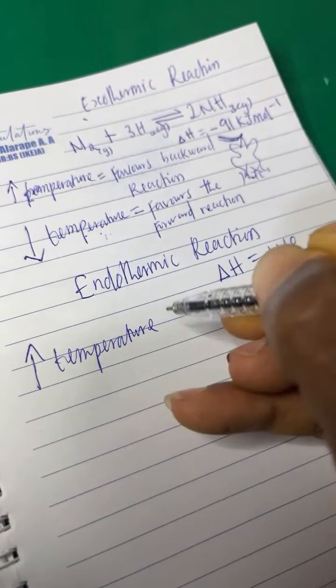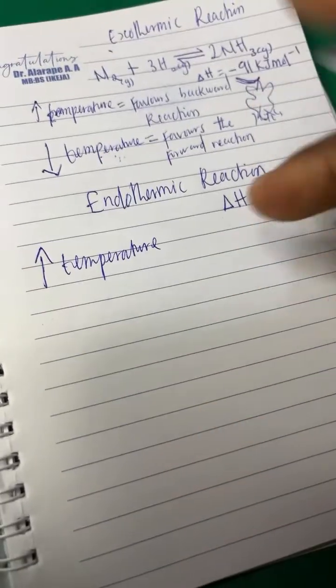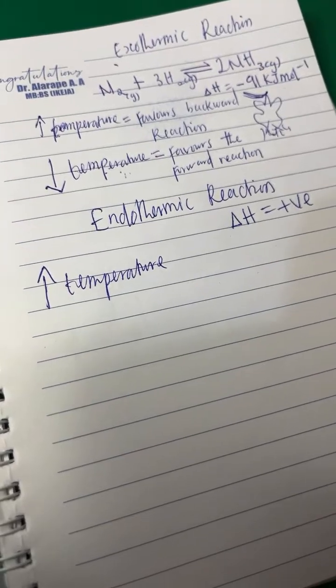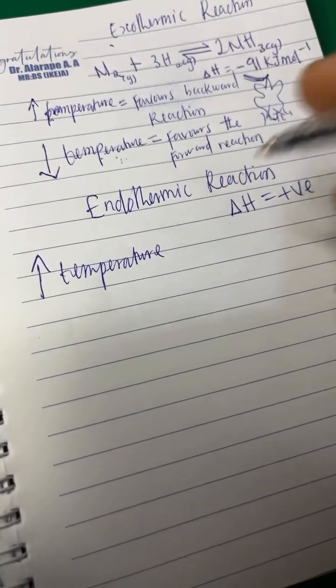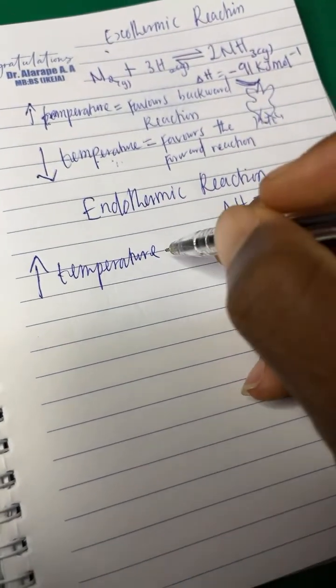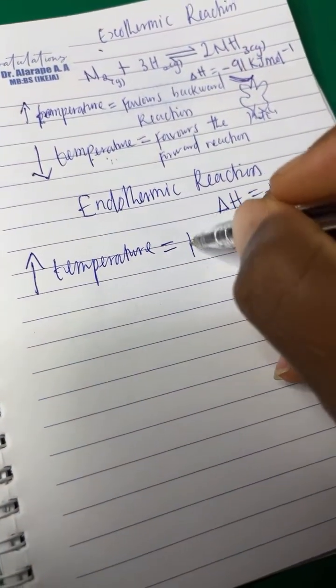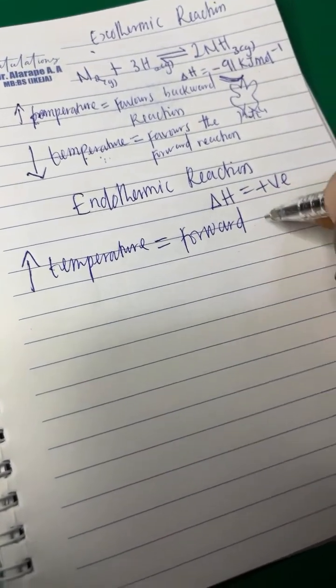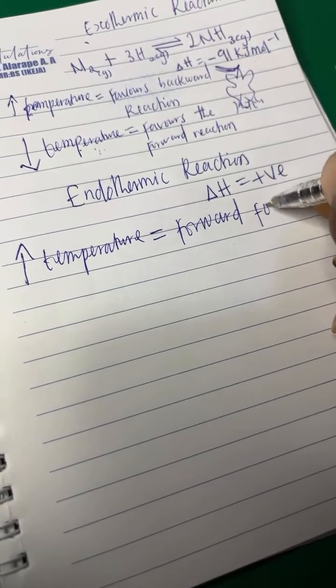remember that an endothermic reaction is a reaction that absorbs heat, right? Most decomposition reactions are endothermic reactions, the ones that absorb heat. So if the temperature is increased, what will happen? It will favor the forward reaction, because it needs heat to continue the reaction.